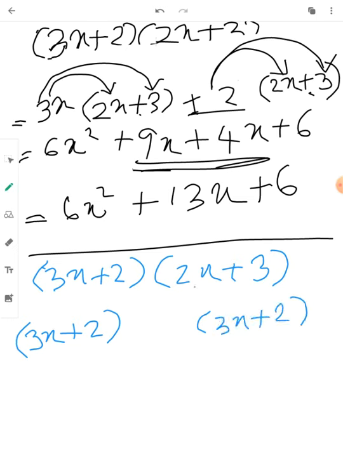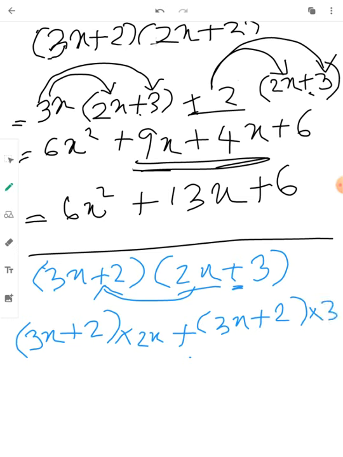Now you are going to multiply this one by this 2x, plus this plus here times 3.